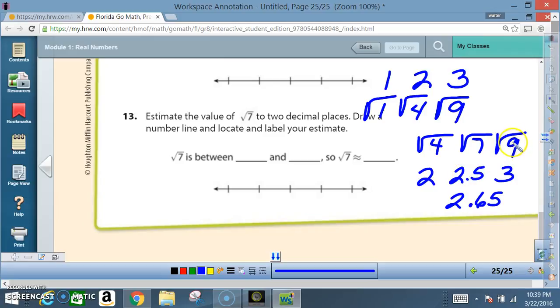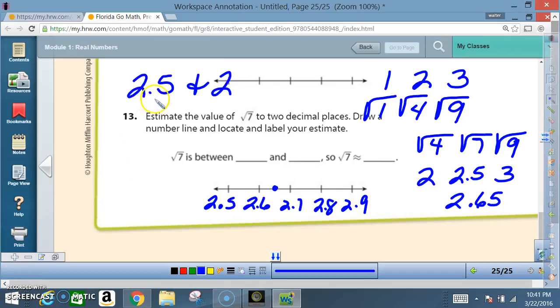Remember now, the square root of 9 is 3. But we know that the square root of 7 has got to be a little bit greater than 2.5. Now, since they say 2 decimal places, I'm going to put down 2.65. That's a very close estimate. And then, of course, I will plot that on this number line here.